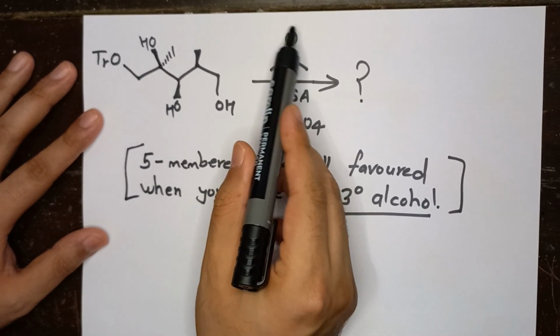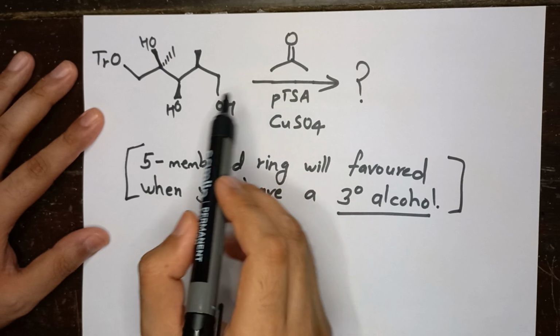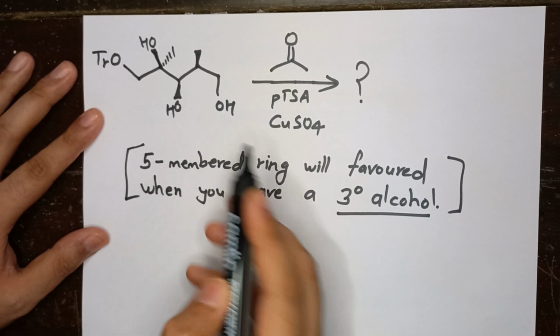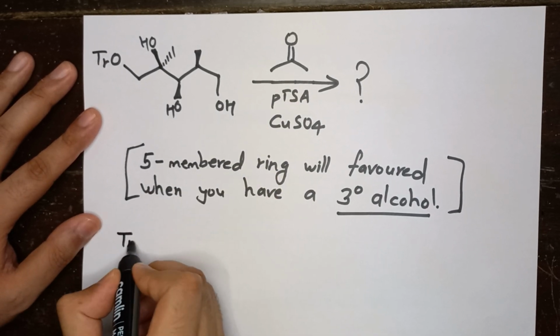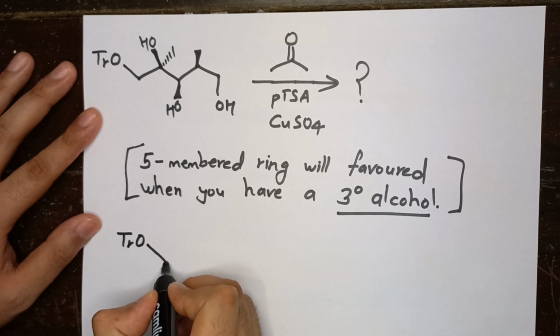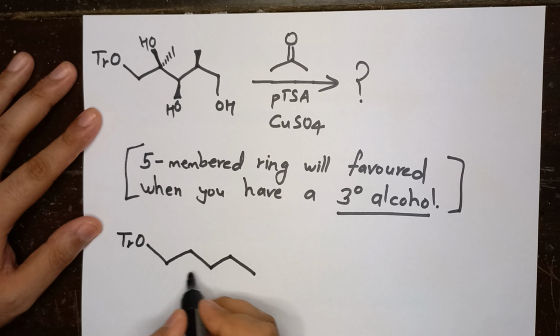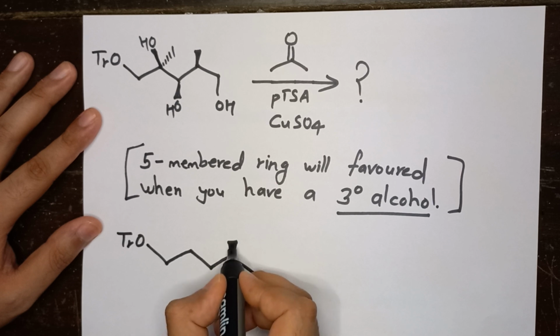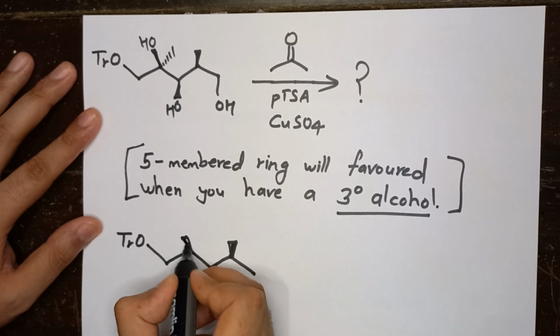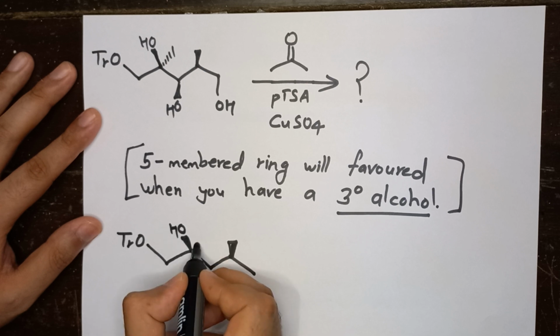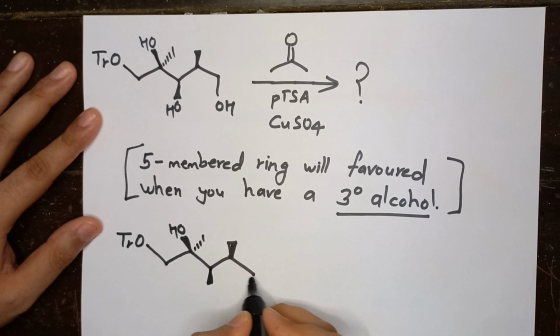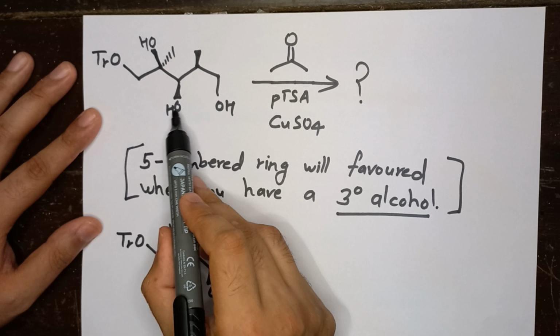So when I have this acetone, it can form a 6-membered ring protection. Let me draw it. Two products are possible, and I want you to know which is the major product. One of the products can be this: these two O can be protected.